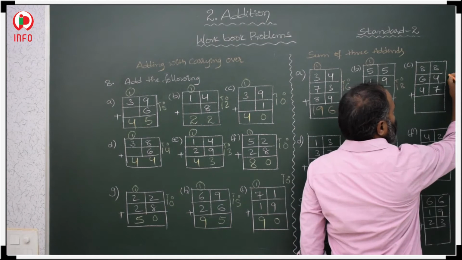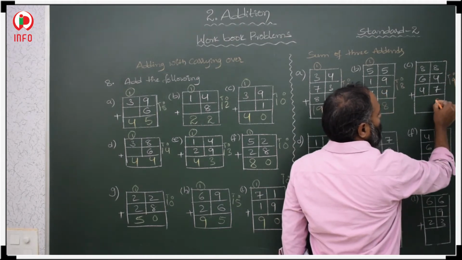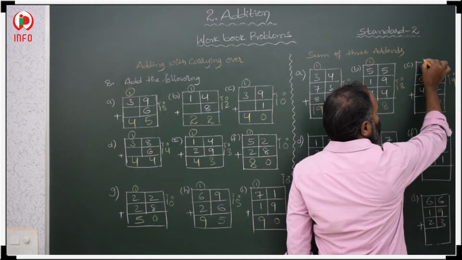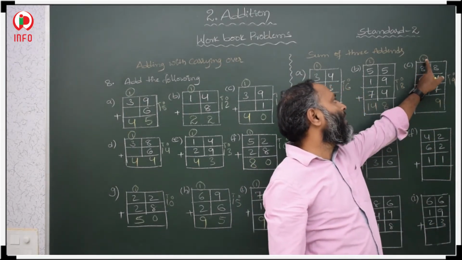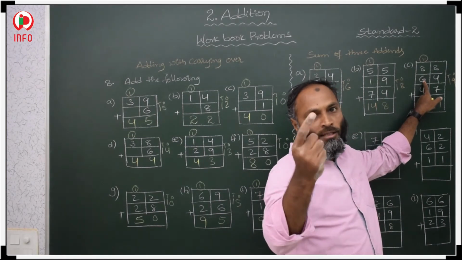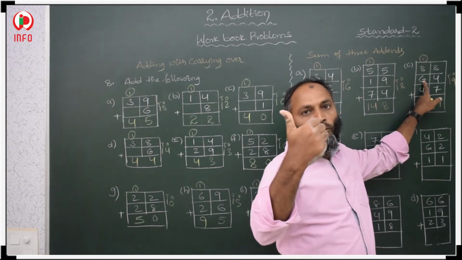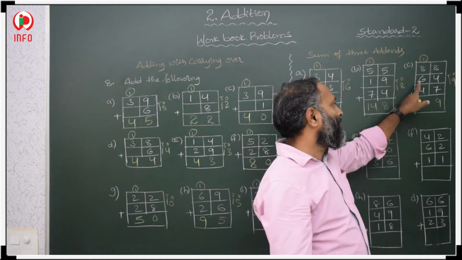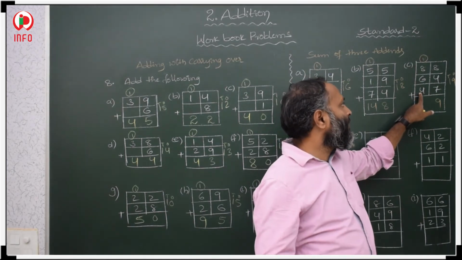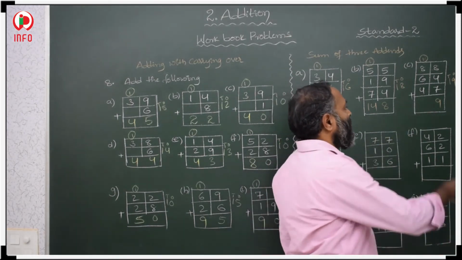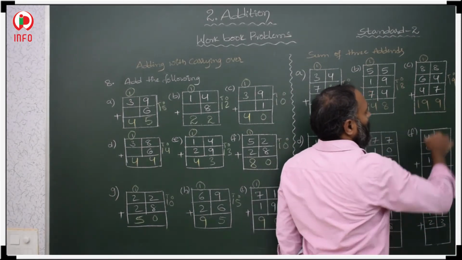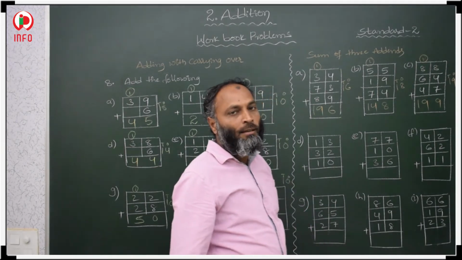This is in the ones place, this is in the tens place. 9 is in the ones place, 1 is in the tens place. 8 plus 1, 9. 9 plus 6: 9, 10, 11, 12, 13, 14, 15. 15 plus 4: 16, 17, 18, 19. So 199. 199 is our sum.